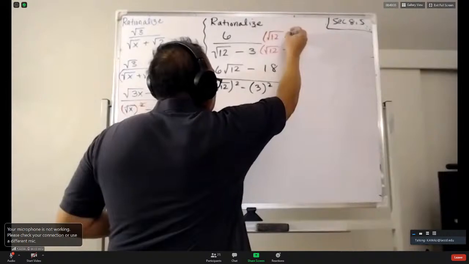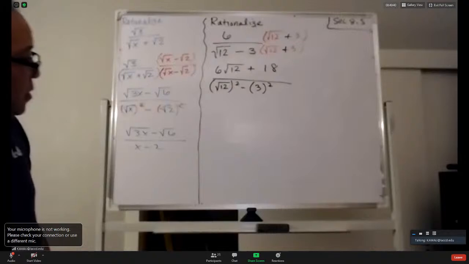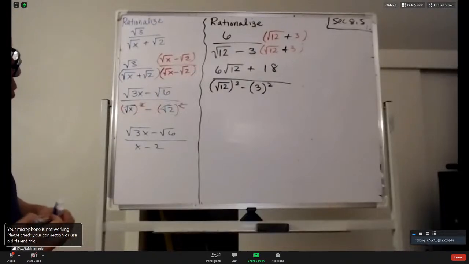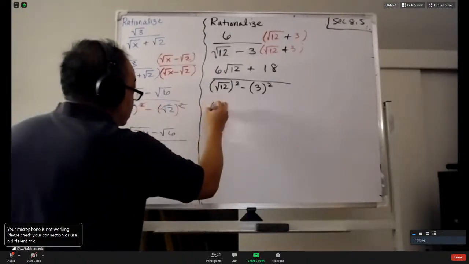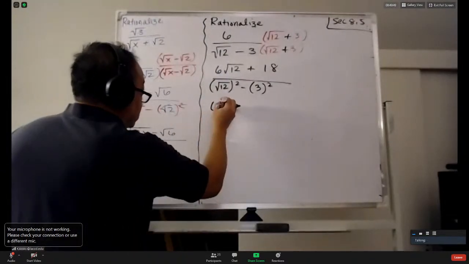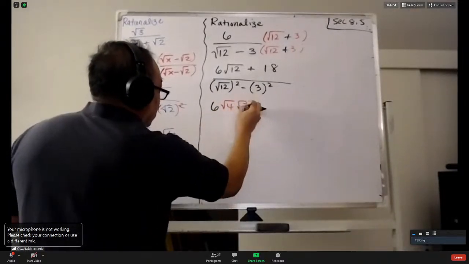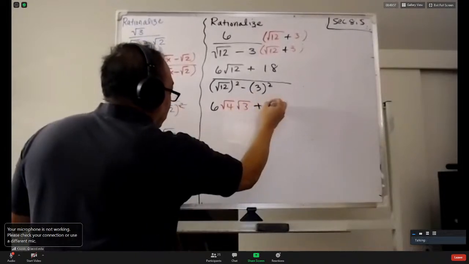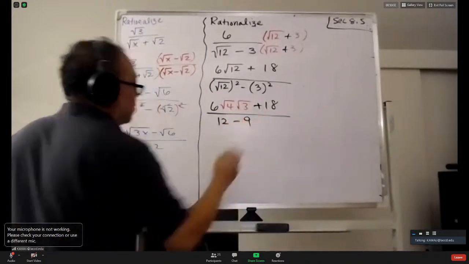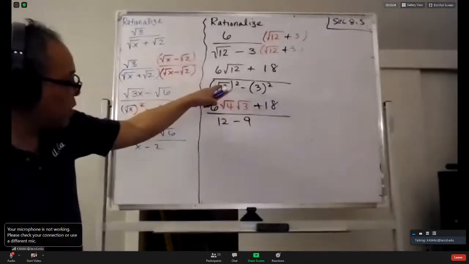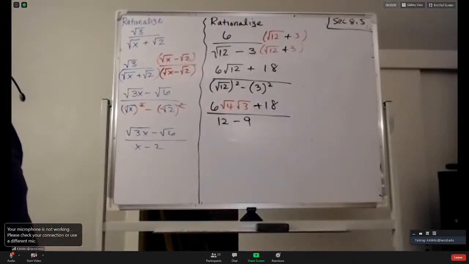Plus, thank you. Sorry, I'm distracted. Okay, now what I want to do here is I should probably simplify that 12. So now I have 12 minus 9. So for this one, that square and that square root cancel, but that one over there is just a regular 9.